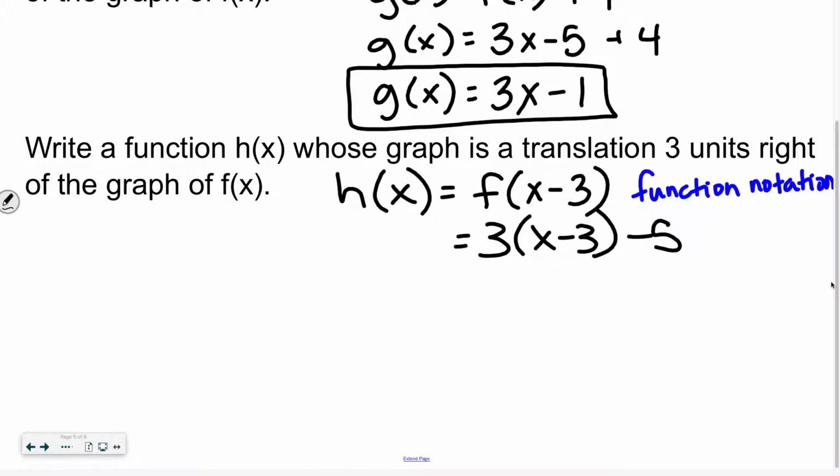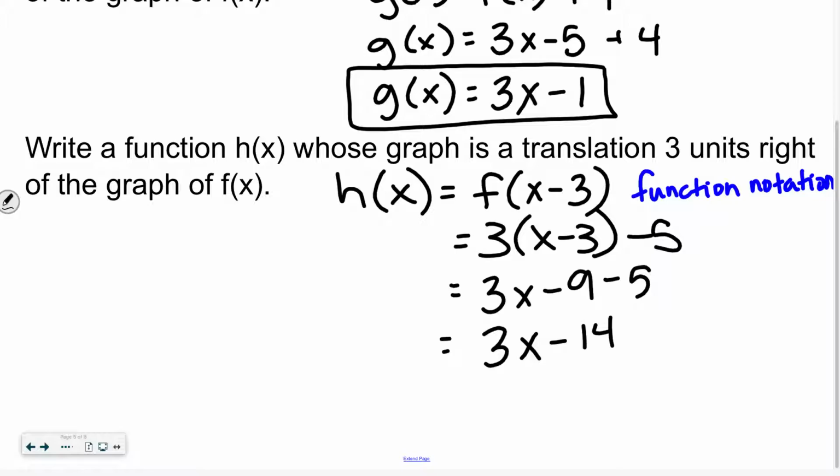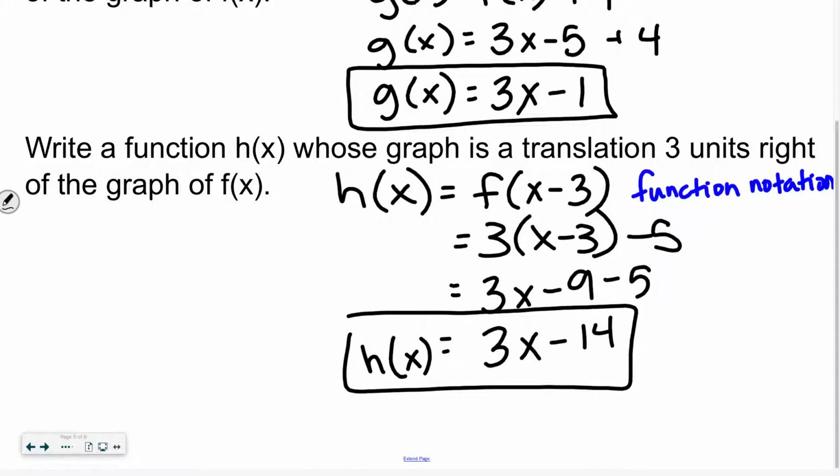Remember, when you do a right-left, you have to put it in the grouping symbols. So now, if I want to clean this up, I have to distribute the 3. So I'll get 3x minus 9 minus 5. That's 3x minus 14. So that's my h of x.